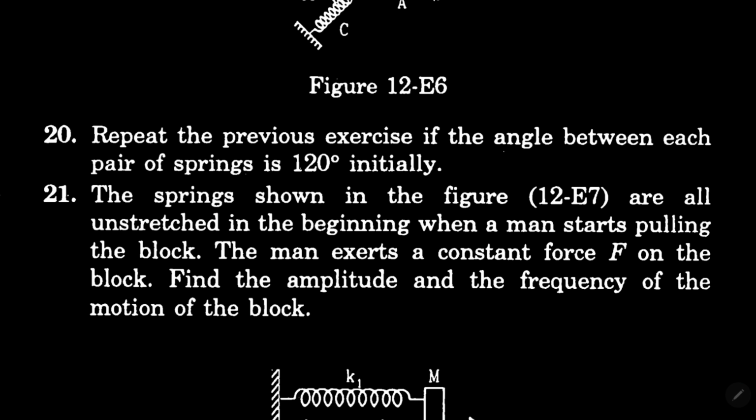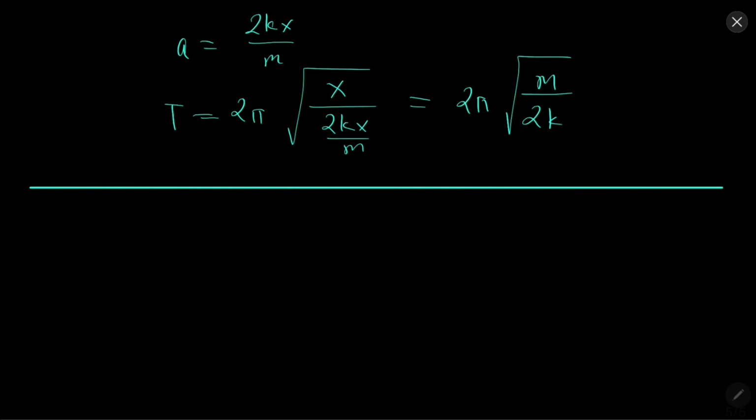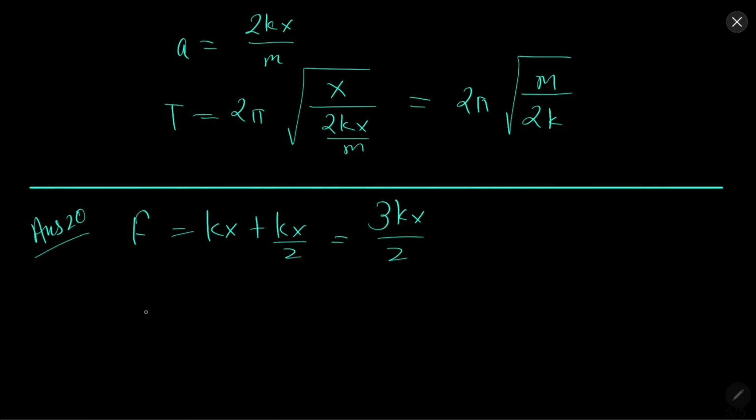In question 20, repeat the previous exercise if the angle between the pairs is 120 degrees. Solution 20. F equals kx plus kx by 2, which will give us 3kx by 2. Let me write it completely.